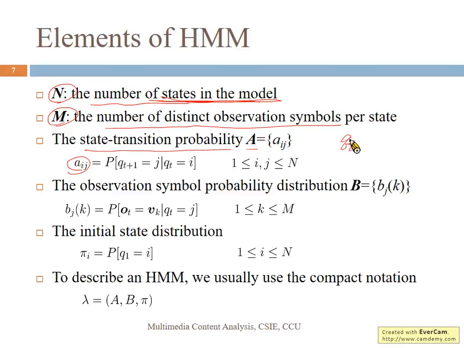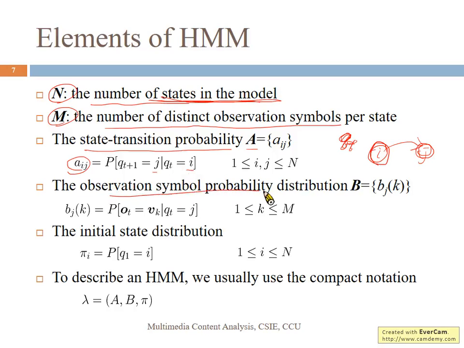So if Qt is equal to i and Qt plus 1 is equal to j, that means we jump from state i to state j. And Aij means the probability of we jump from state i to state j. And this is the so-called state transition probability from i to j.